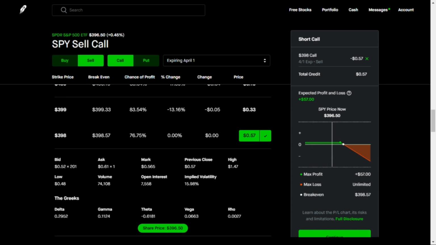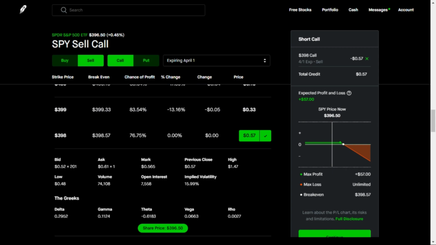So this is very deceptive in saying that the max loss is unlimited, because it's not. You lose the 100 shares, but you're not really losing. The person buying those shares is not buying at 500, which you would probably want them to do, but they are buying at 398, which was the agreed upon price.